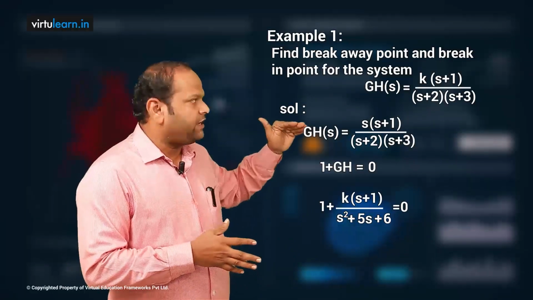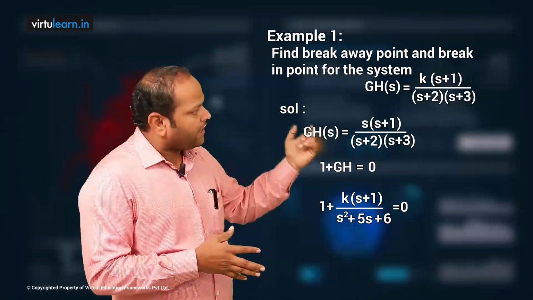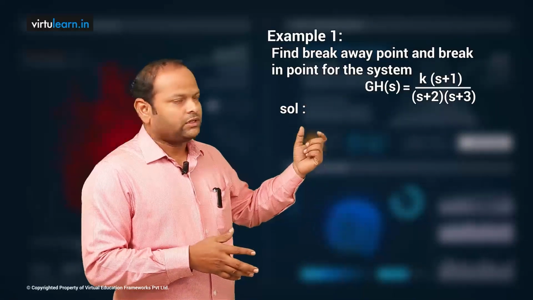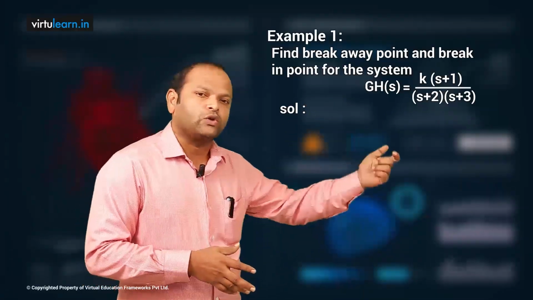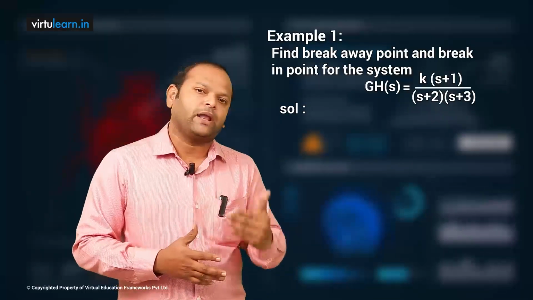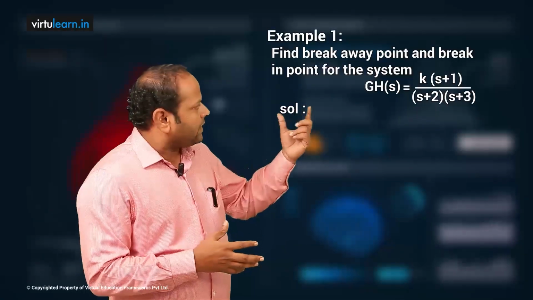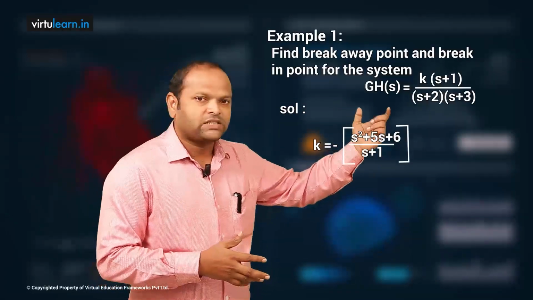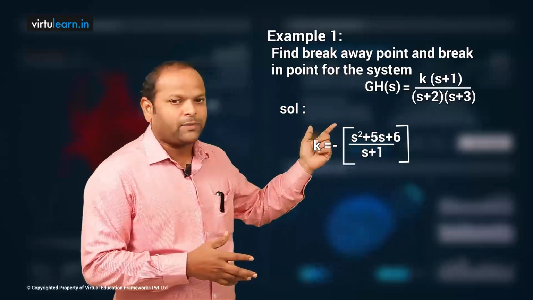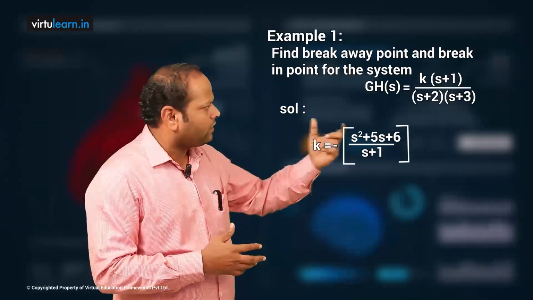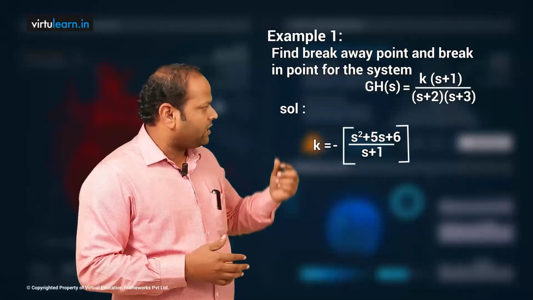The second step, I need to write this equation in the form K equal to F of S, then find the first derivative, that means dK by dS equal to 0. The roots of this equation are the valid and invalid breakpoints. Now, I can write K equal to minus S square plus 5S plus 6 divided by S plus 1. Then you can apply the U by V rule very easily and get the corresponding dK by dS.